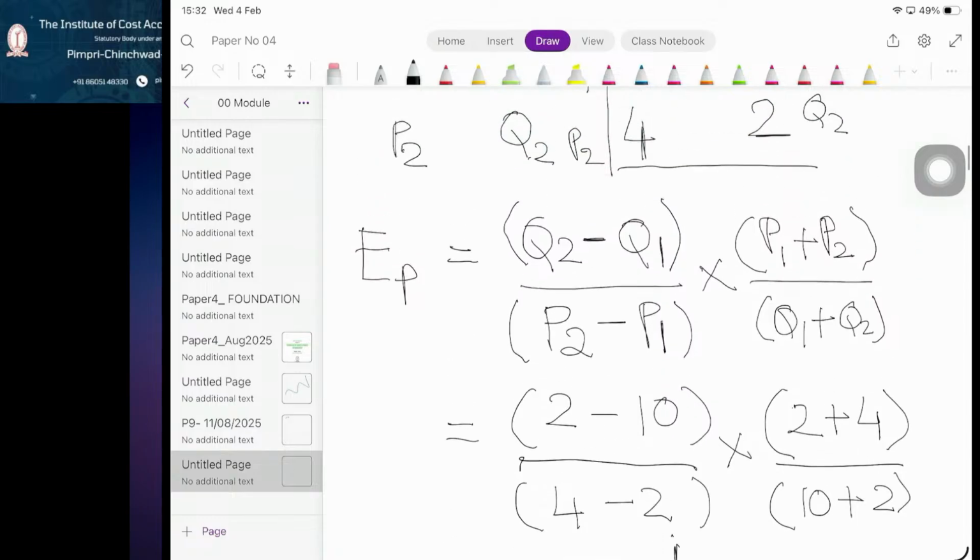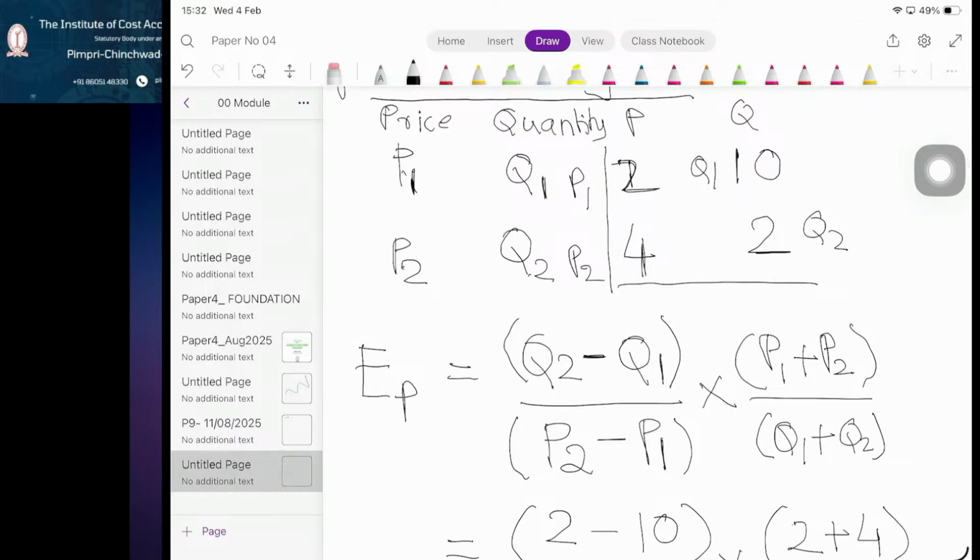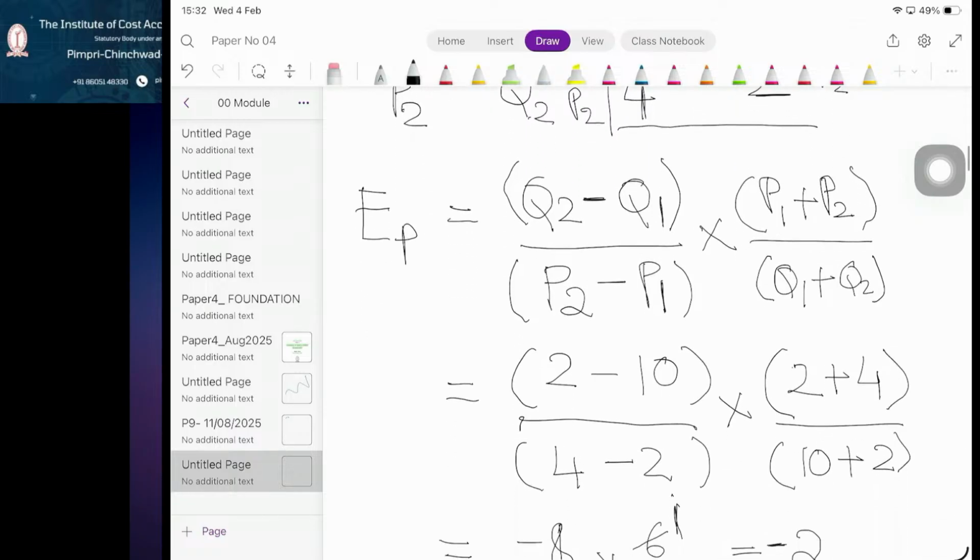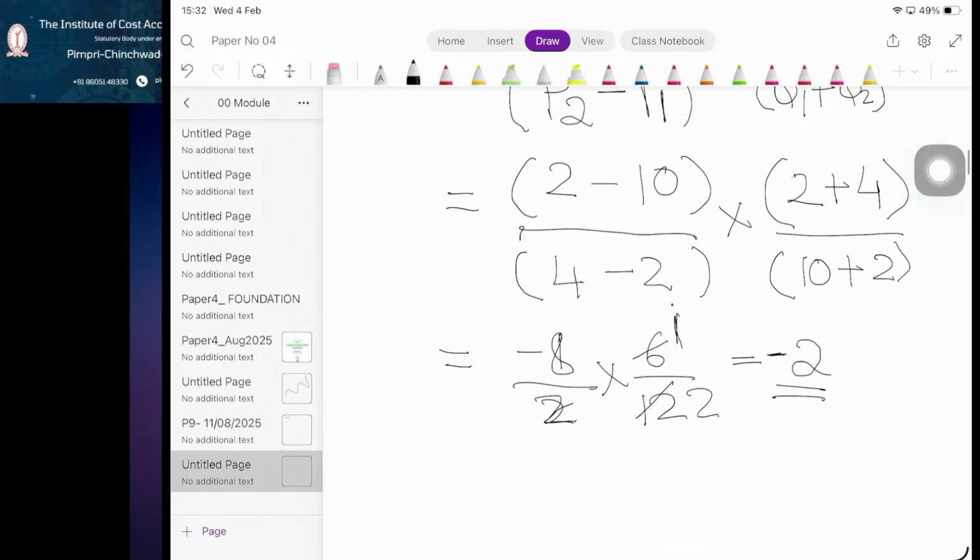Okay, so this is happening because we are taking large swings in price and quantity. The midpoint formula is a more standard method of calculating, more accepted.